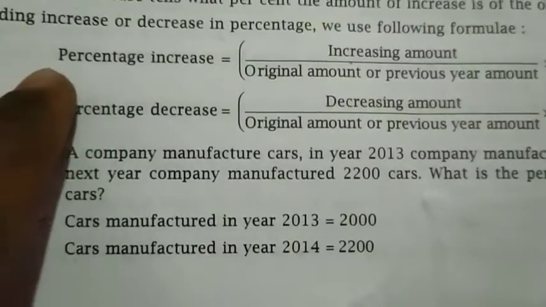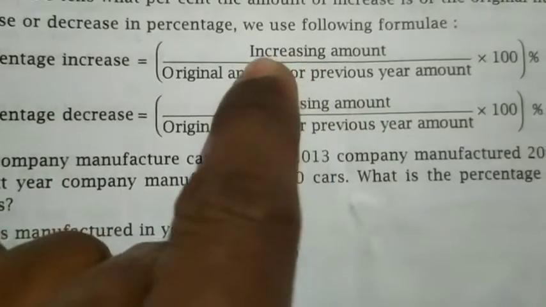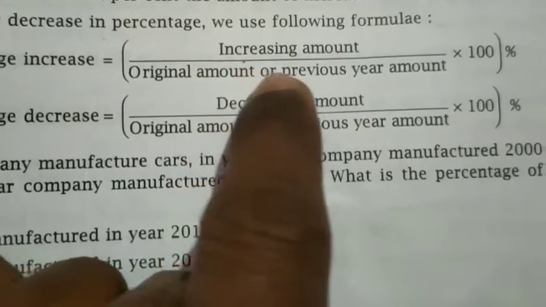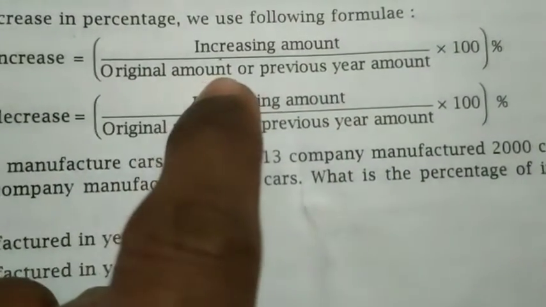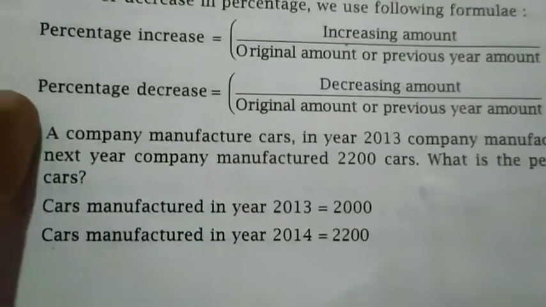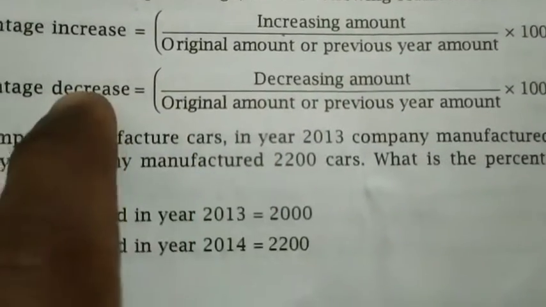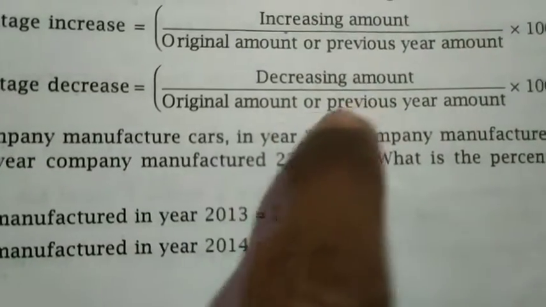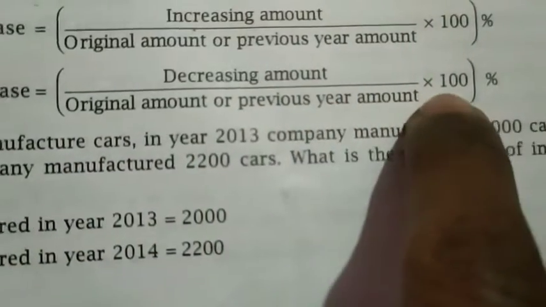I repeat, if you are required to find the percentage increase, then you have to look for the increasing amount upon original amount or previous year amount, the amount before increasing, into 100. In the case of decreasing, just relate these two points. Percent decrease means decreasing amount, but the denominator will be the same as before: original amount or previous year amount into 100.